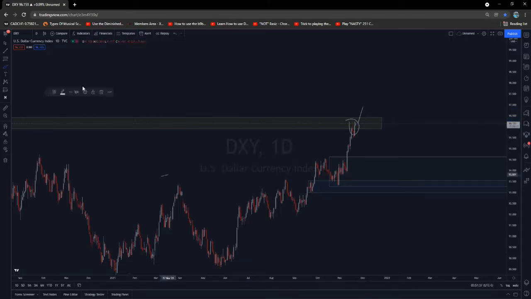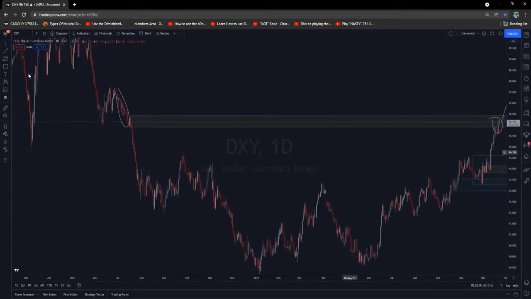But definitely, if for any other reason we get pushed to the downside, these are the levels that we'll be looking at. This nested demand over here, right? But if price continues to push up, which is what I'm looking forward to actually, I'll give you guys updates during the week.